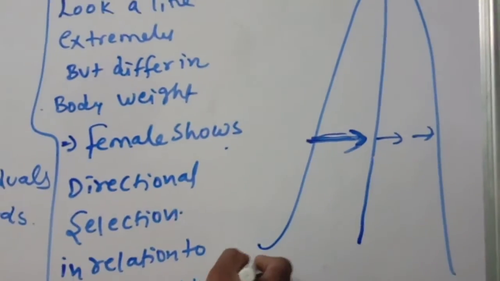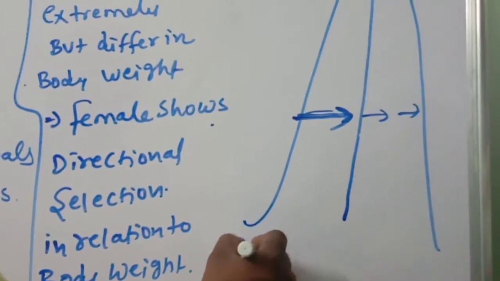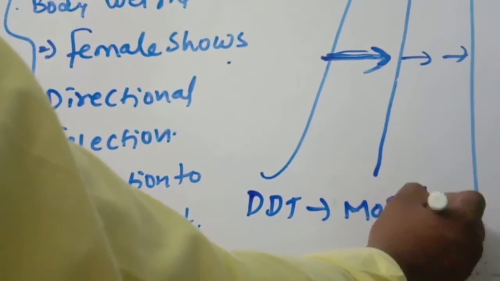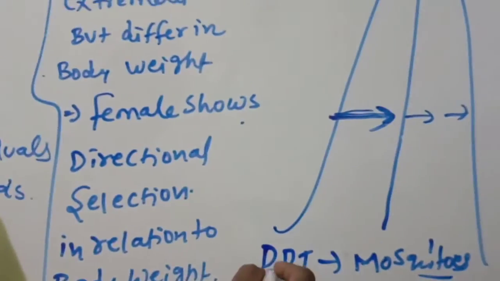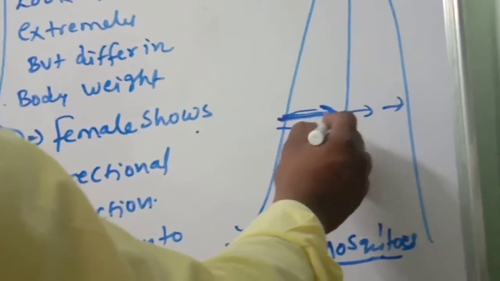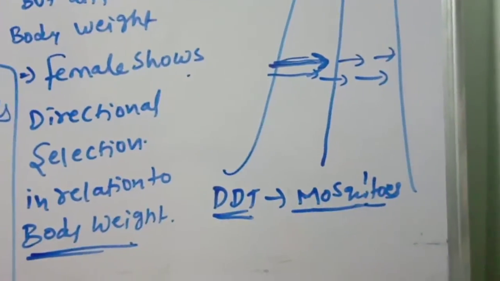One more example, DDT resistant mosquitoes are there. They got resistance. That's why they will grow without any disturbances.